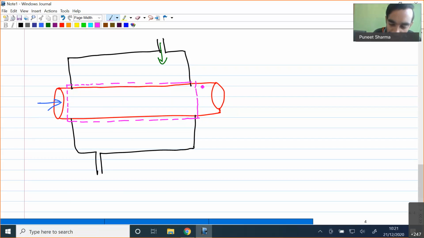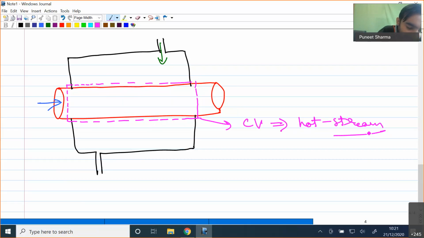Now only the inner pipe volume I am taking as my control volume. So whatever is happening inside the cold medium, I am having no concern. In this particular case, my control volume only includes the hot stream, and what is happening outside in the cold stream is nothing but acting as my surroundings. So now the cold stream is acting as surroundings.